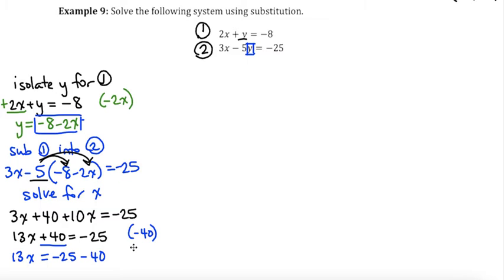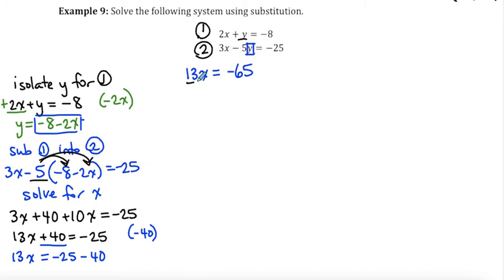So negative 25 subtract 40 gives you negative 65. So I have 13x is equal to negative 65.